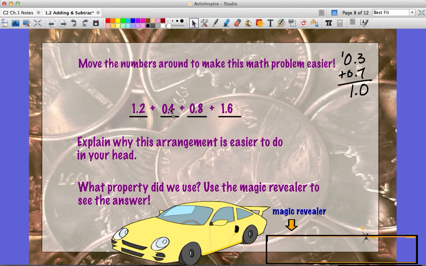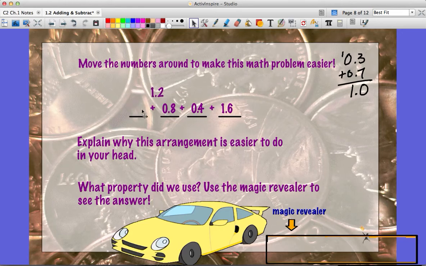Alright, so you should have rearranged it somehow to have the 1 and 2/10 and the 8/10 together, and the 4/10 and the 1 and 6/10 together. Okay, you can have this in any order as long as these two numbers are together and these two numbers are together.